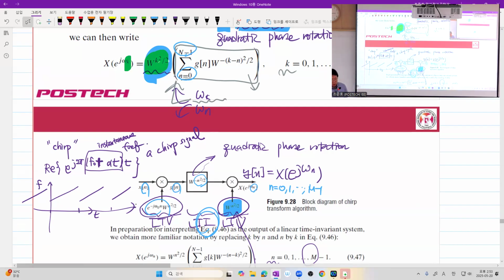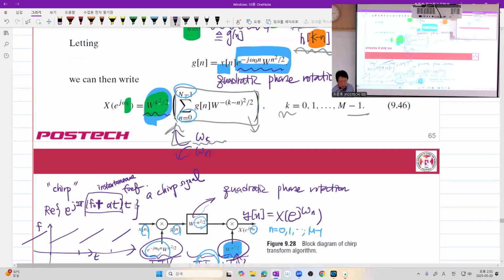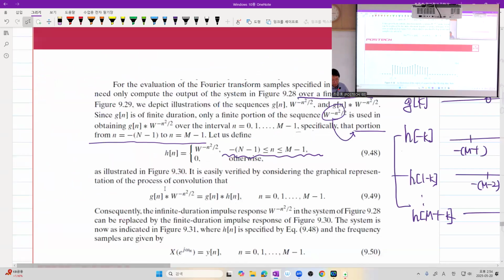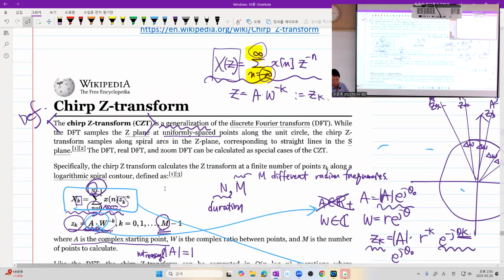Now, let's take a look at here. With k as the time index, this is a chirp signal. What is this one? This is a chirp signal. Got it? So this is called the chirp transform. Let me repeat.